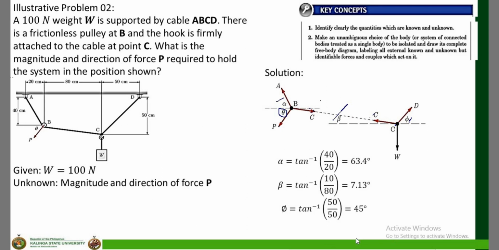Tapno masolve ko ni alpha, that is equal to the inverse tangent of 40 over 20, that is equal to 63.4. Kasano ka naala, that is 63.4.